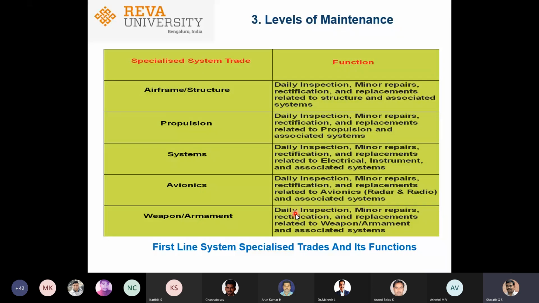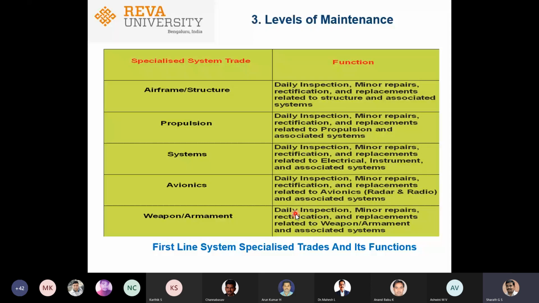Systems specialized trade is something which is associated with electrical and instrumentation, and avionics is something which is related to radar and radio trade. Then coming to weapon and armament, this trade mostly doesn't exist in civil aviation.